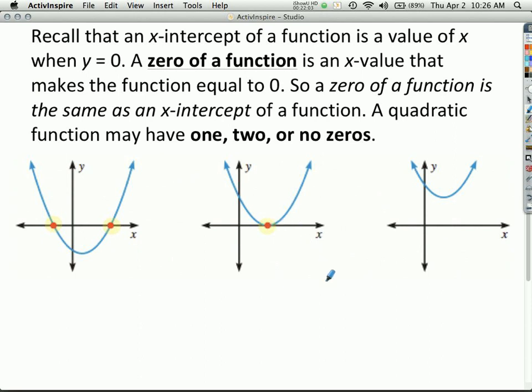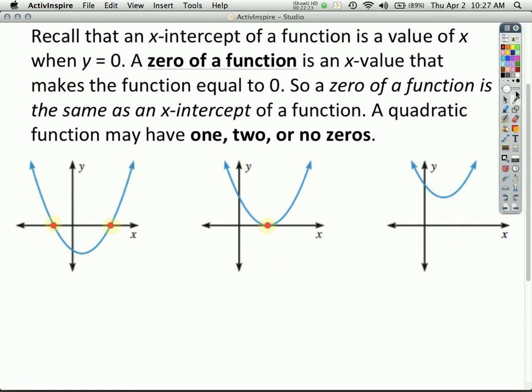In that case, there's only one x-intercept. There's only one zero of the function. You could also have a parabola that never crosses the x-axis. In that case, there are no zeros of the function.